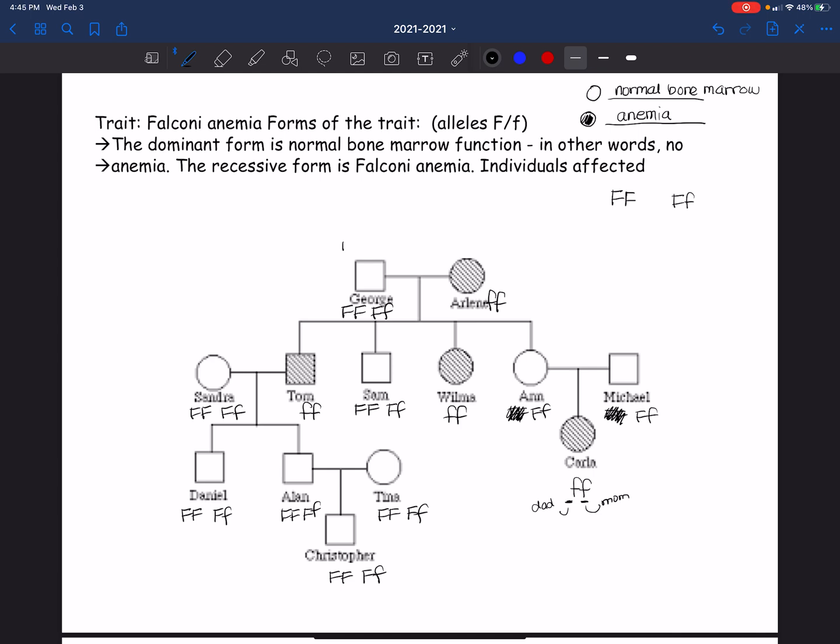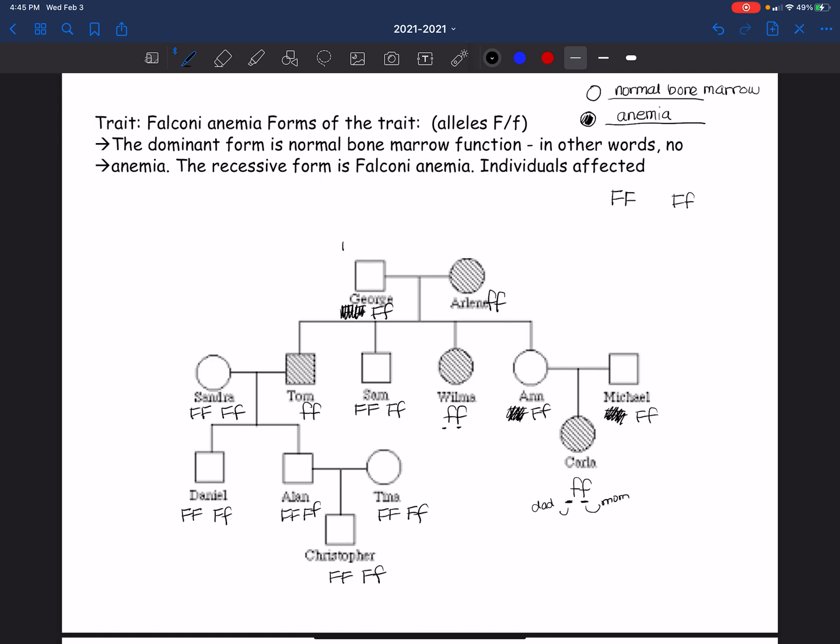Okay, if we go up to George and Arlene, they have 2 children afflicted with anemia. Again, if we look at Wilma, she had to get 1 little f from mom and 1 little f from dad. So the only possibility for dad would be that he has the heterozygous genotype.